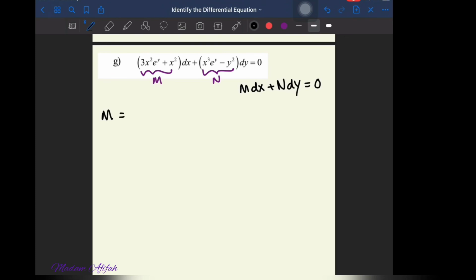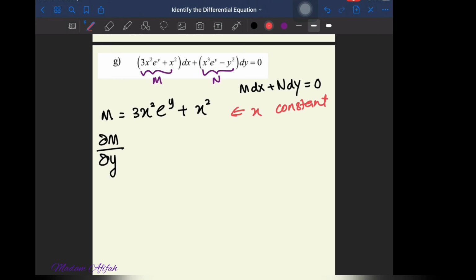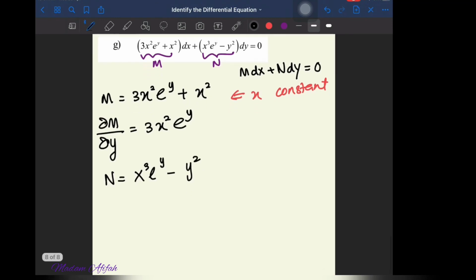Okay, so your M is equals to 3x squared e^y plus x squared. So differentiate this one with respect to y means that x is a constant. Okay, so differentiate this one with respect to y will give you 3x squared e^y, because when you differentiate a constant you will get 0. So the next one, your N is equals to x cubed e^y minus y squared.